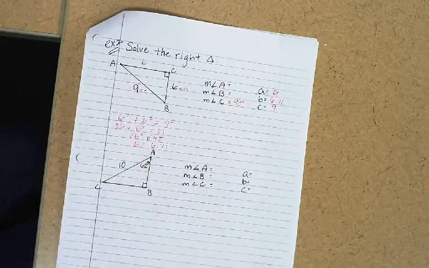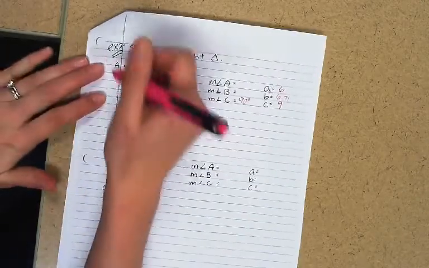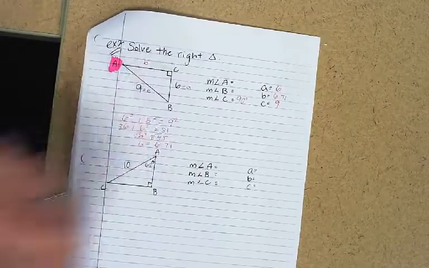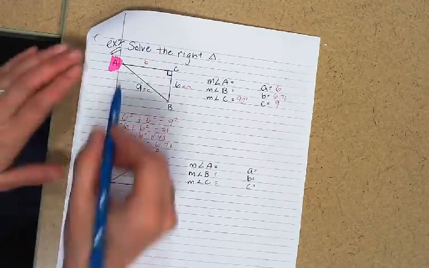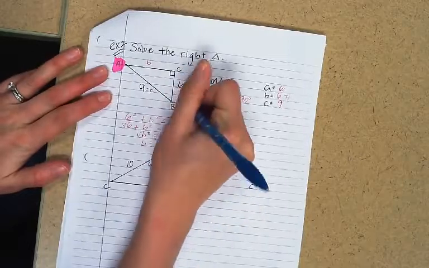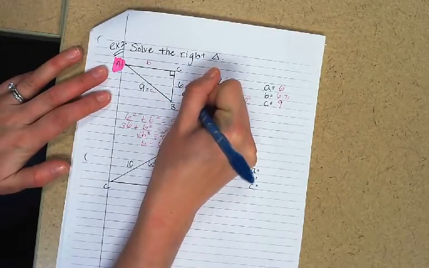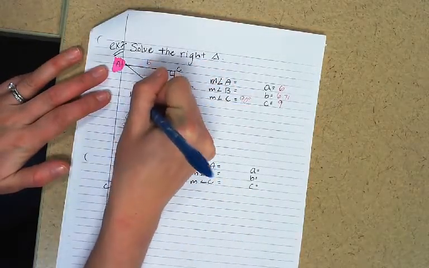So let's say I wanted to figure out what A was, just for instance. A is my reference angle. That means I was given opposite and hypotenuse.